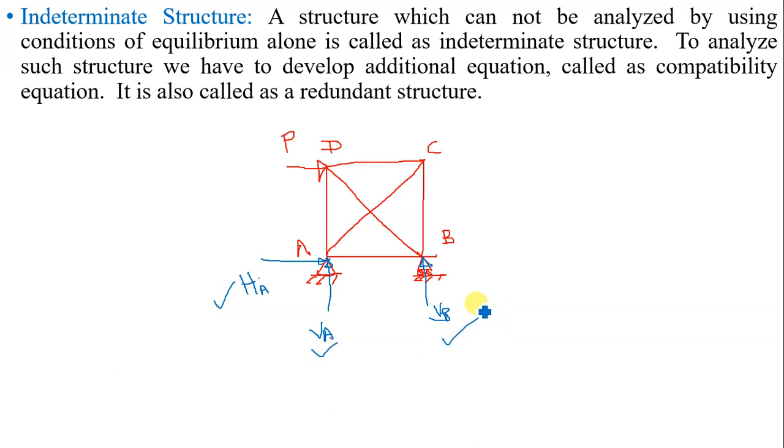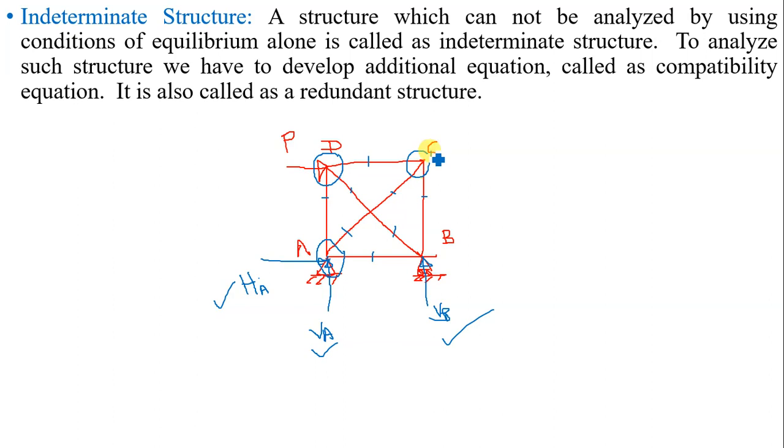But after that, if I ask you to calculate forces in all these members, you cannot find the forces. If you consider equilibrium or the method of joints, if you consider joint A, there are three members connected to each other. If you consider joint D, three members are there.